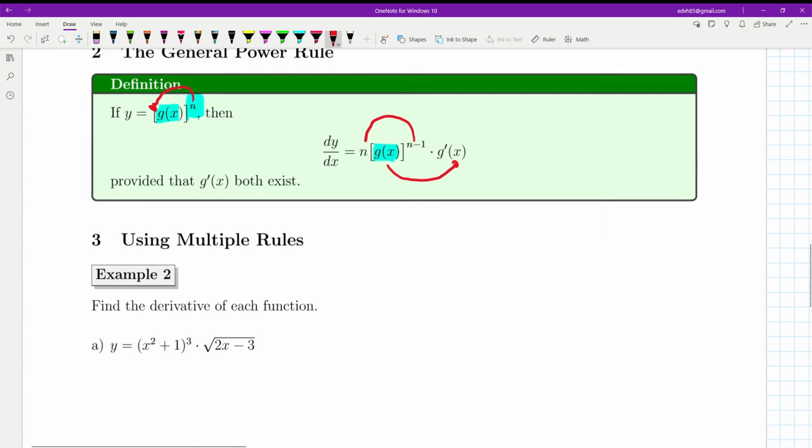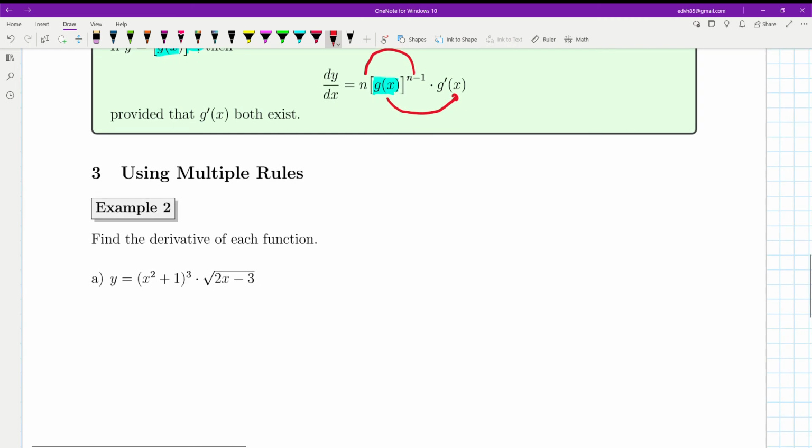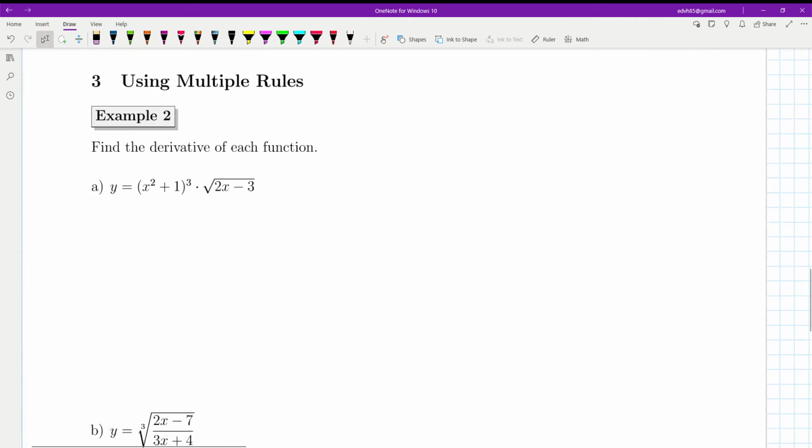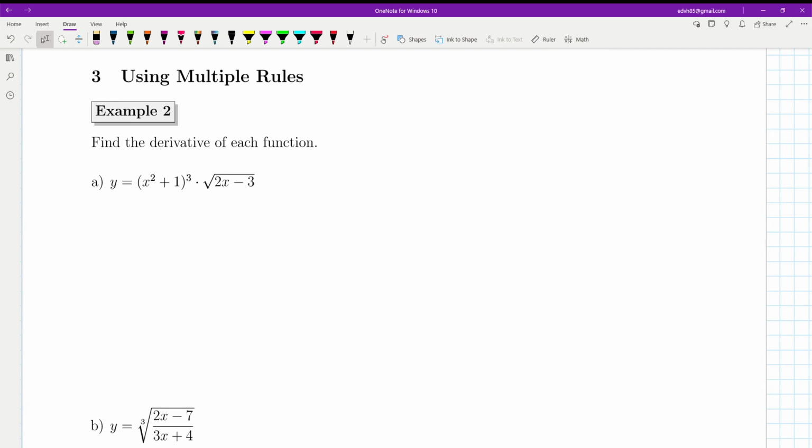Now let's combine using multiple rules. So let's find the derivative of each function here. Notice in this case, we have the product of two functions, f and g. But at the same time, each function looks like the composition of two functions.